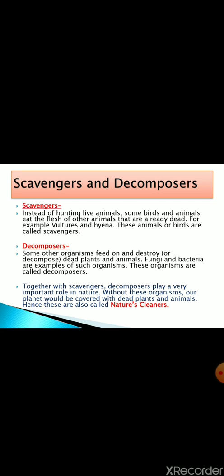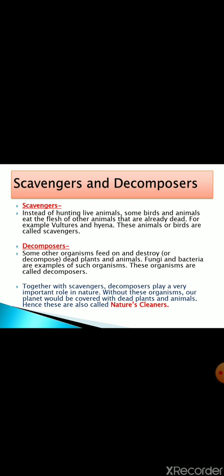Okay. Now next is decomposers. What are decomposers? You must have seen that if you have seen any dead body of any insect or any kind of animal, small animal or big animal, after some days or after some time, the body of that animal gets degraded. Degraded means broken down into small pieces. So do you wonder how it can be broken down into small pieces?